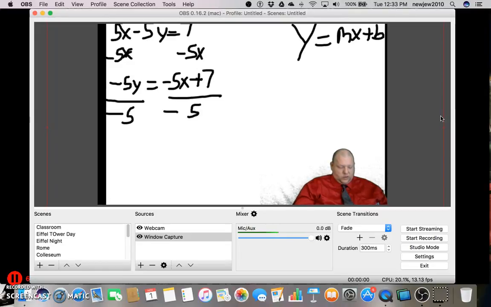That leaves us with y. Negative 5 divided by negative 5 is 1, so it leaves us with x. And then that is a negative 7/5. So that leaves us with the equation y equals x minus 7/5.